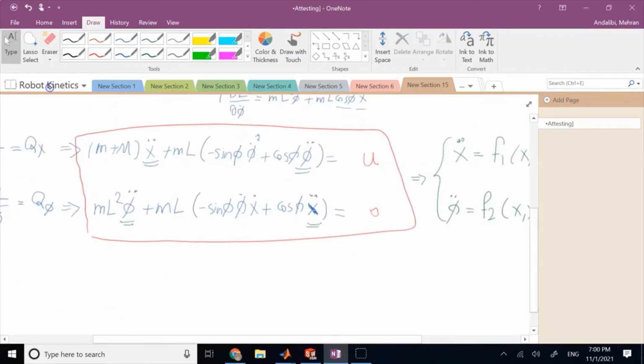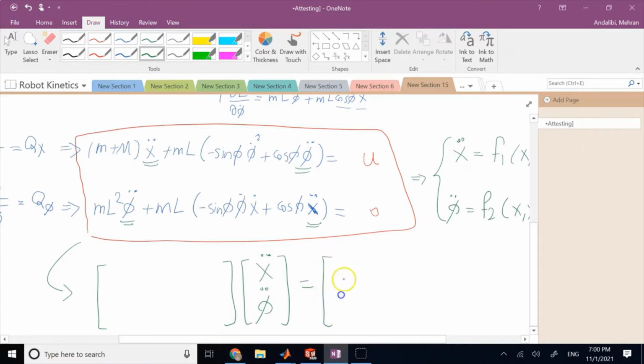So one of the things you can do is you can write this in a matrix format like this, and then try to find x double dot and phi double dot based on everything else. Or you can eliminate one term in between them, but I guess the best way to do it is using basically this way that I'm telling you.